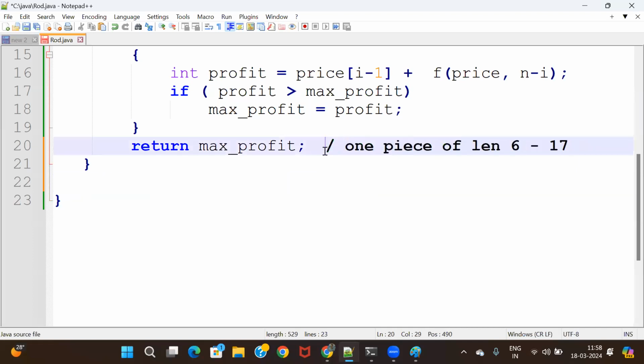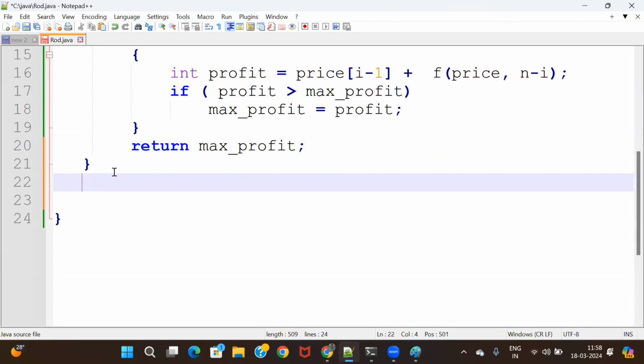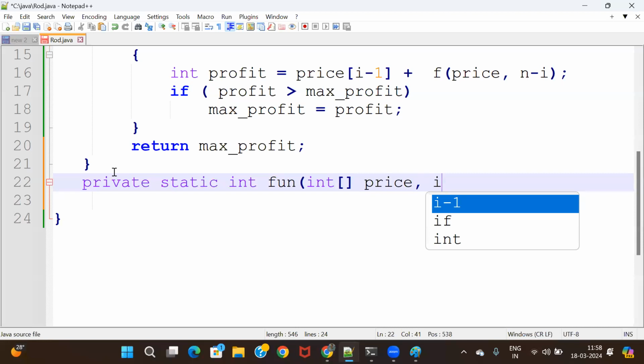I delete this. Write a static function. Let it be private only because the same class is using it. Private, static, returns integer, name is fun, input is the price list and the total length of the rod.